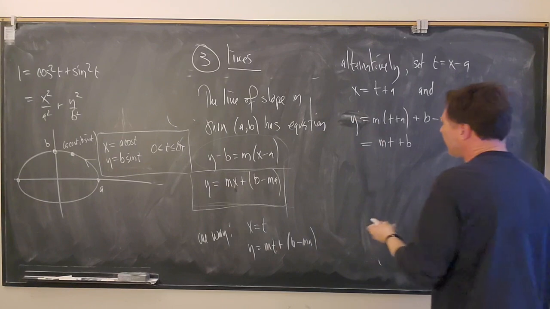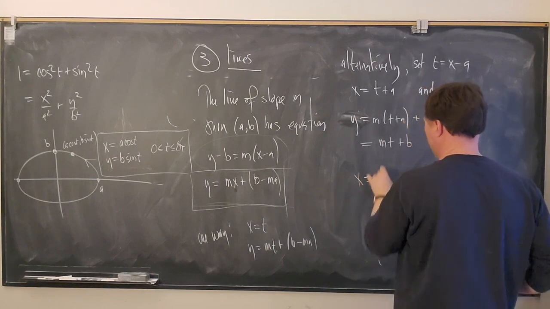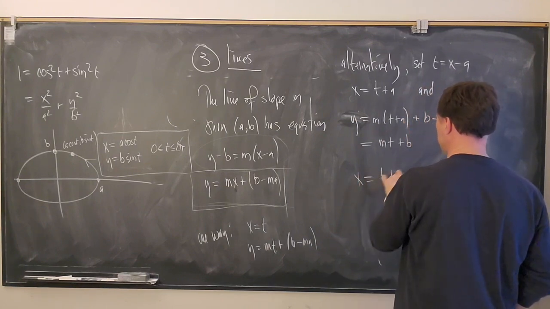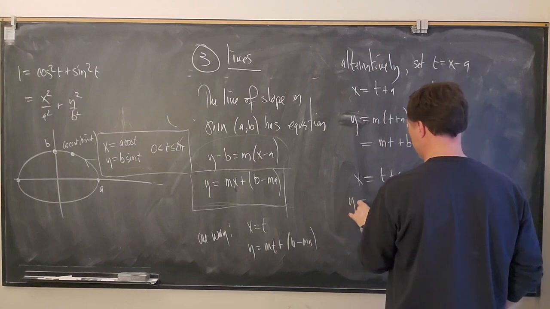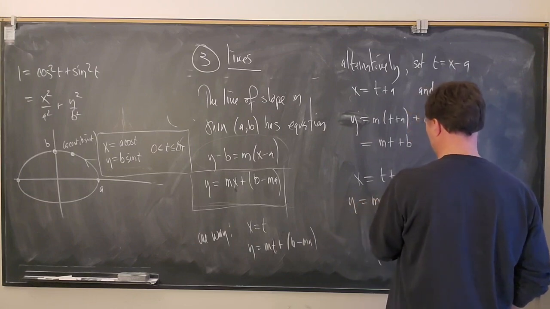So a cleaner way to parameterize is to have x equal to t plus a and y equal to mt plus b.